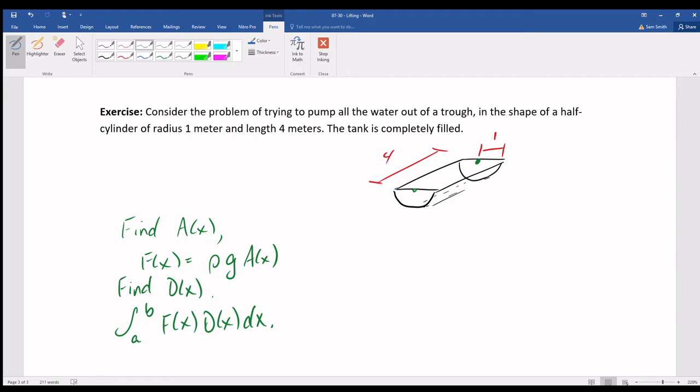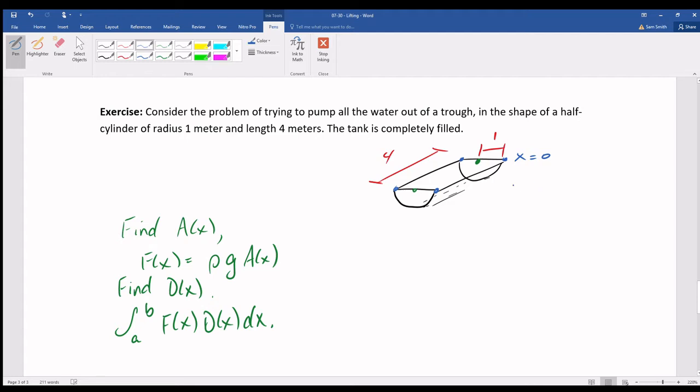Where is x equals 0? Where is x equals 1 in terms of this picture? Now, I'm going to do something a little bit unusual, and I'm going to set x equals 0, not at the bottom of the tank, but at the top.